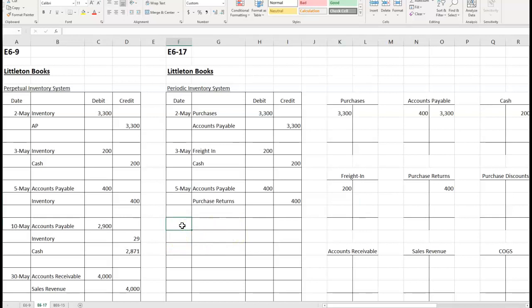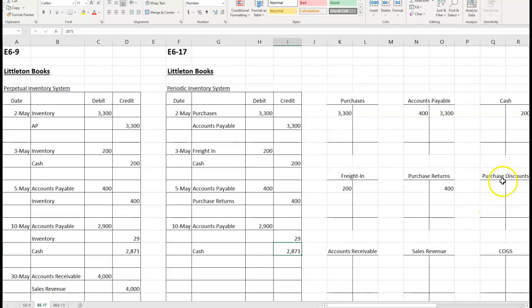May 10th. We pay what we owe. We still owe $2,900. It didn't change from when we did it in the perpetual system. We'll still debit accounts payable for $2,900. We'll still credit cash for $2,871. But the $29 will not be credited to inventory since we're not using the inventory account.